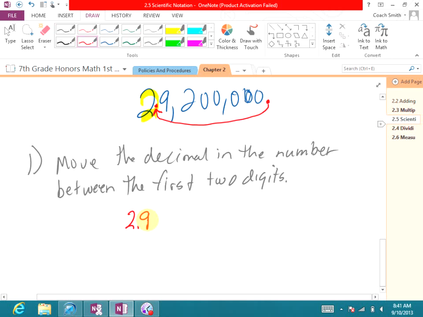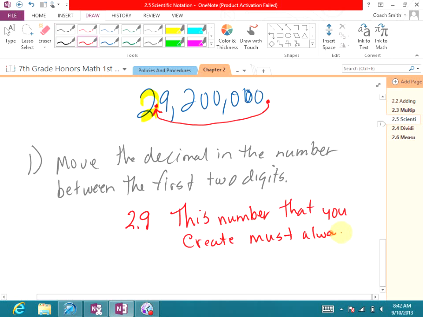Okay, now, this number that you create must always fall between 1 and 10.